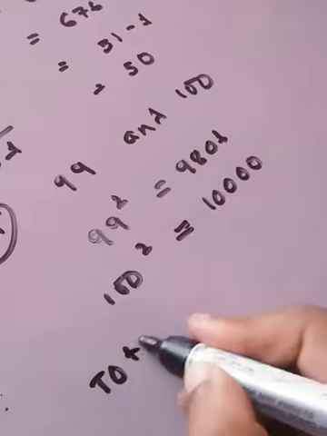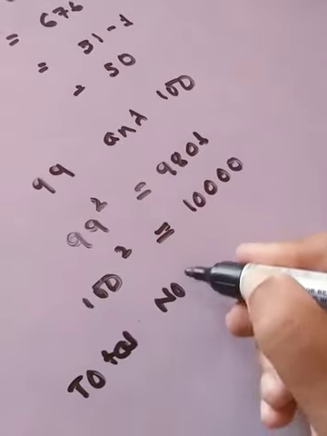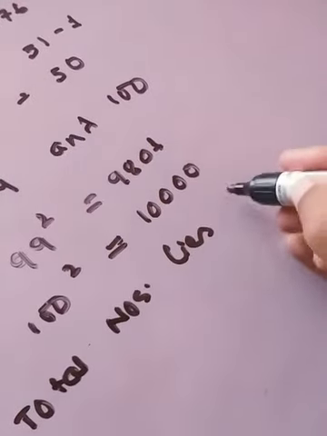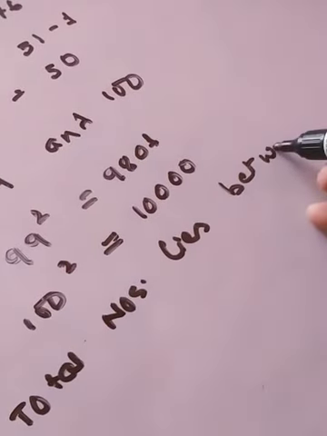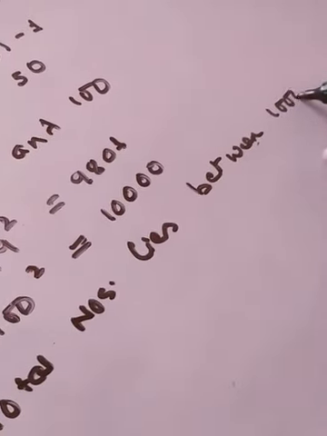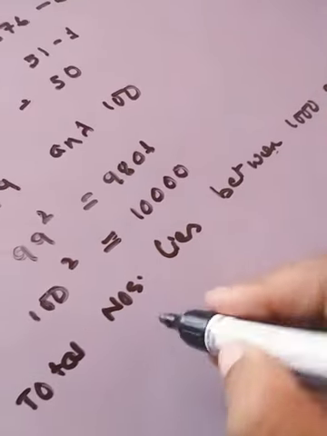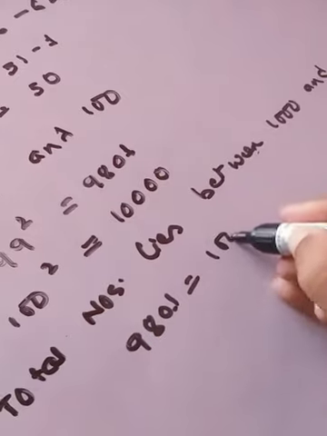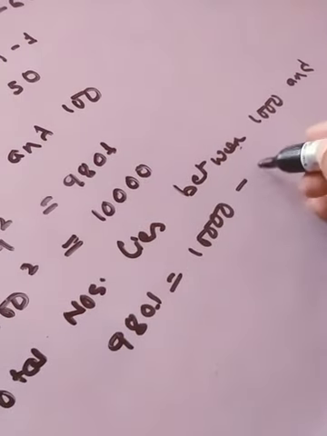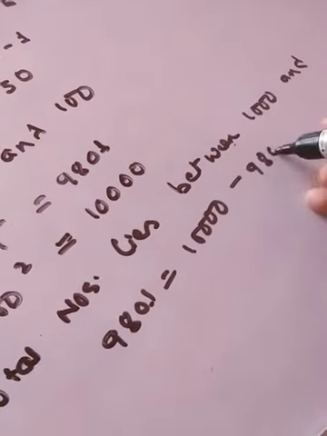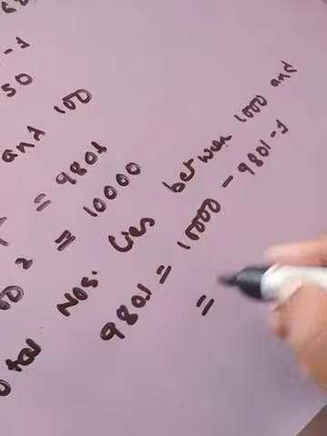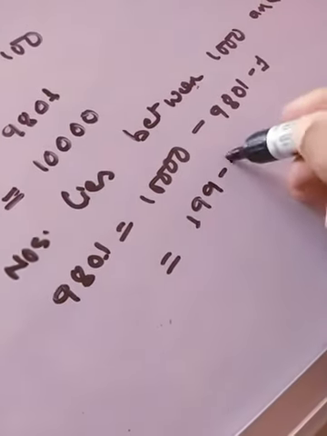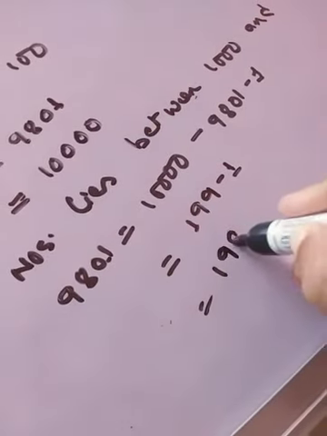So total numbers that lie between 10,000 and 9801 is equal to 10,000 minus 9801 minus 1. The answer would be 199 minus 1, so the answer would be 198.